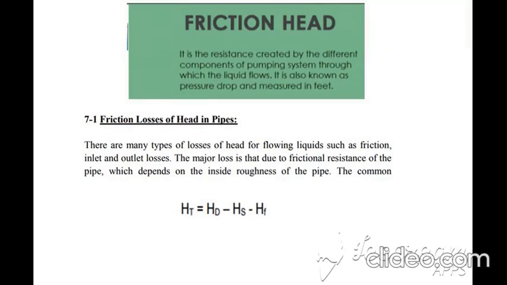After adding the fourth head, the equation of total head will be like this: HT is equal to HD negative HS negative HF, and HF indicates friction head.